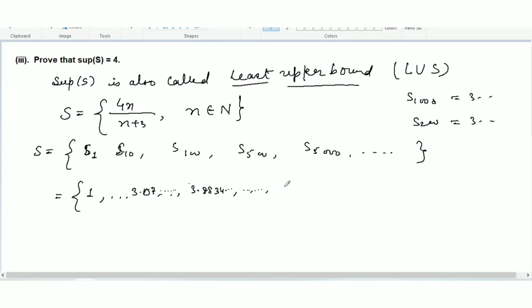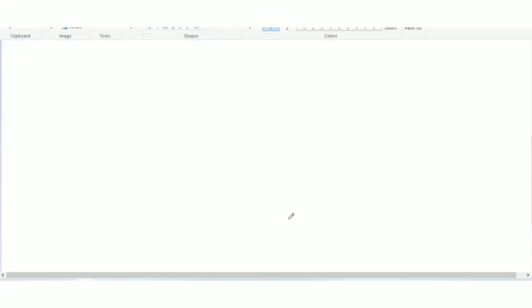And then S500, we will have 3.9761... Then 501, 502, some numbers will be there. And then we will have S5000, which will be 3.99760... And this way we will tend somewhere towards 4, and then after that some other numbers will be there.